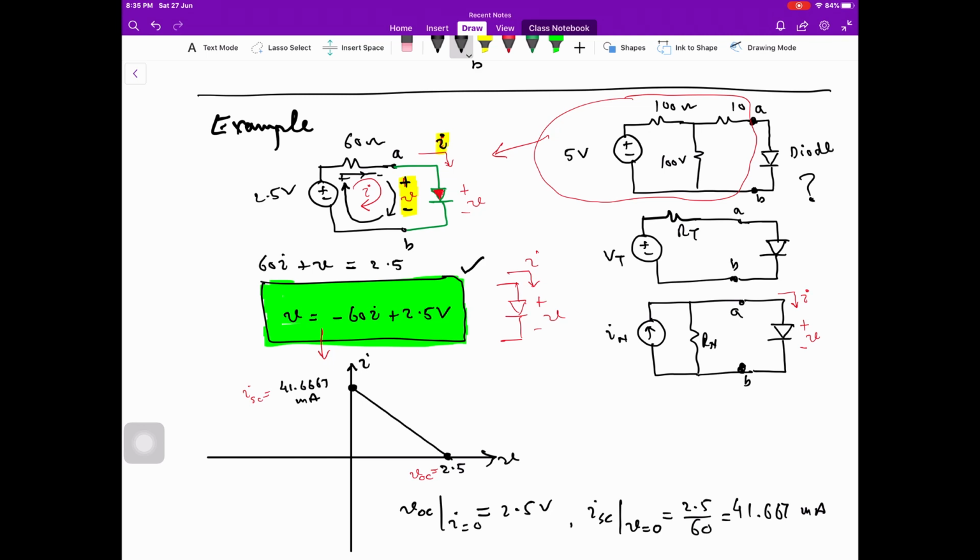Let me see the textbook over here, just a few moments. What is the IV curve of the diode? Just be patient.